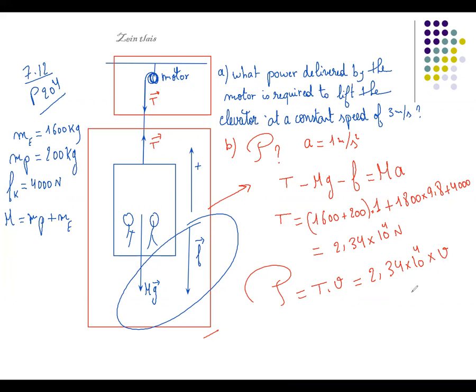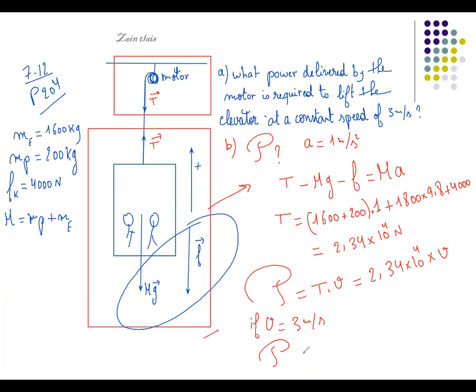Now we can say, for example, if v equals 3 meter per second, we can calculate the power. The difference between part A and part B is that in part A, the velocity is constant.